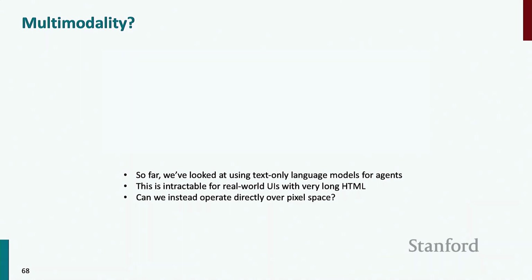And maybe that's also not the best way to show the state of the environment. Maybe the best way is to directly show the pixels corresponding to the environment. And so now we're going to look at some examples of vision language models that people have used for building these agents, okay?